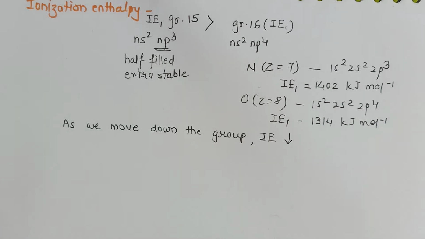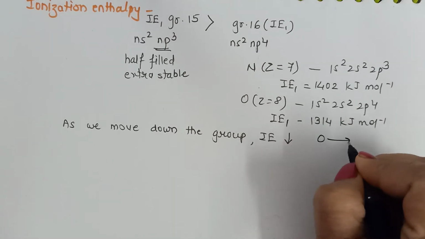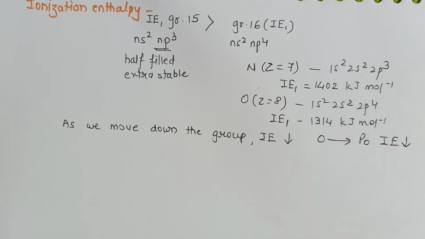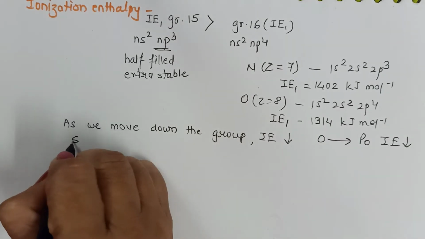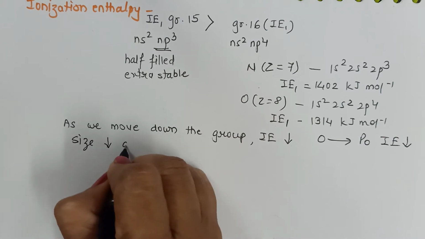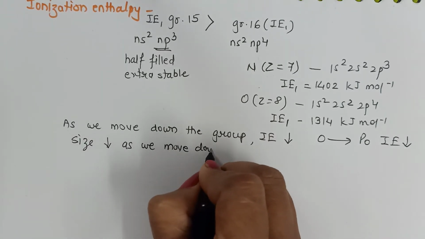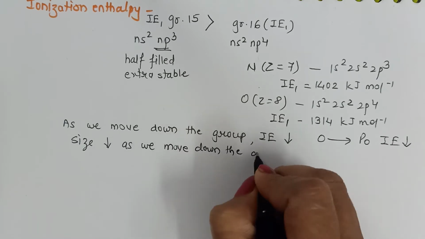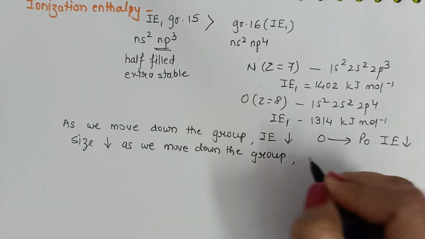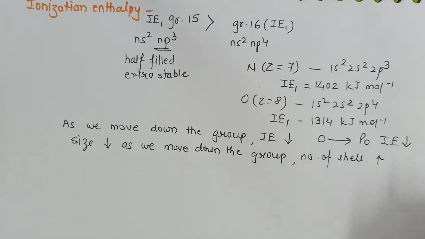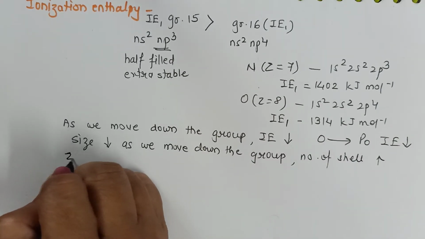As we move down the group, ionization enthalpy decreases. That is, as we move from oxygen to polonium, the ionization enthalpy will decrease. The reason? Size increases as we move down the group. The number of shells increases. Z effective will also increase.